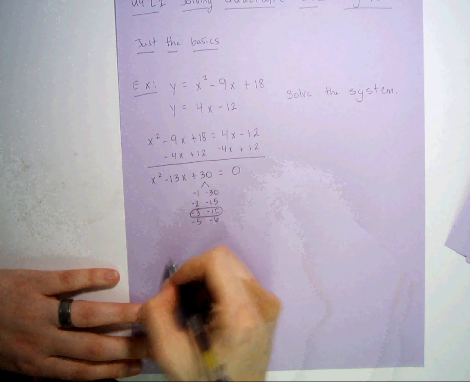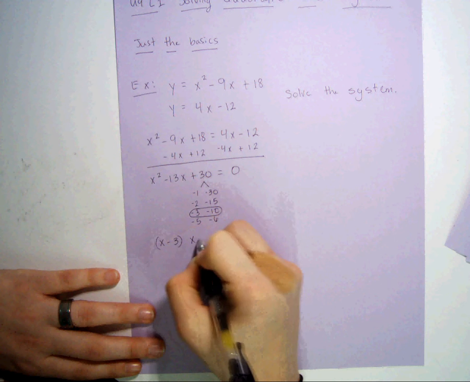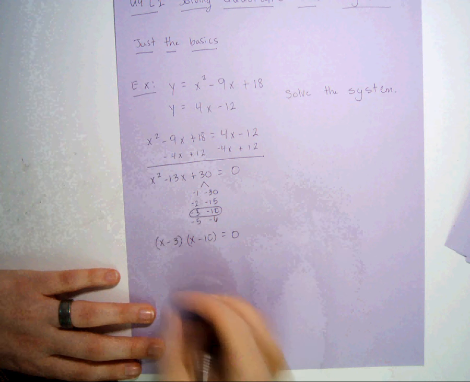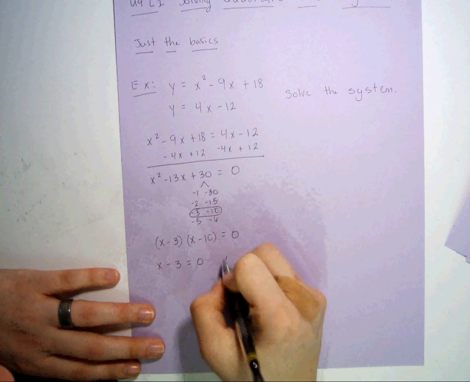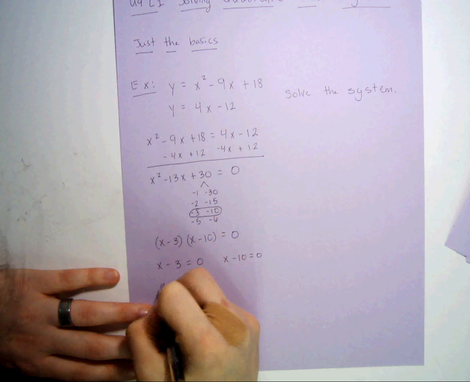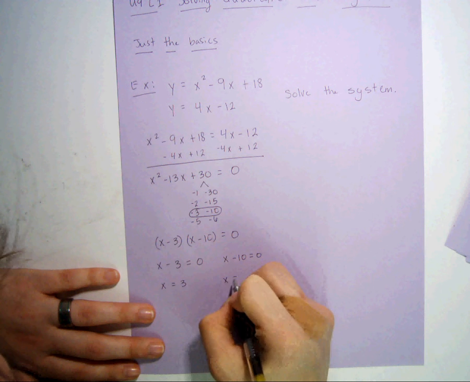And so I end up with x minus 3, x minus 10 equals 0. So x minus 3 equals 0 and x minus 10 equals 0, so x equals positive 3 and x equals positive 10.